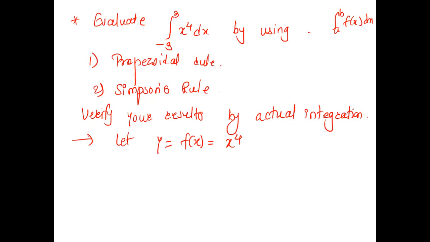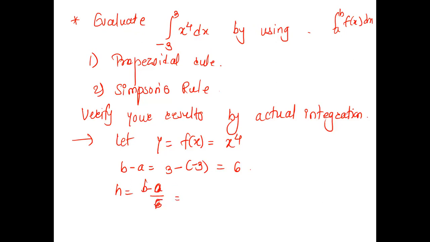Okay. So next, this is a to b. You can just find b minus a. b is 3, 3 minus minus 3, that is 6. So you can divide this value into 6 equal parts. So we get h is 1. That is h is 6 by 6, that is b minus a by 6.